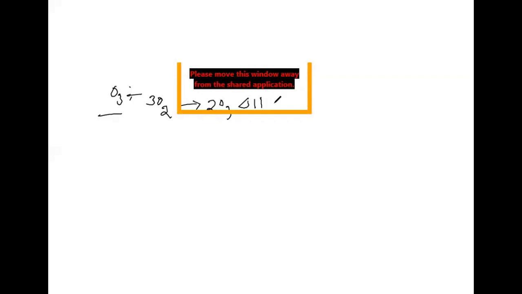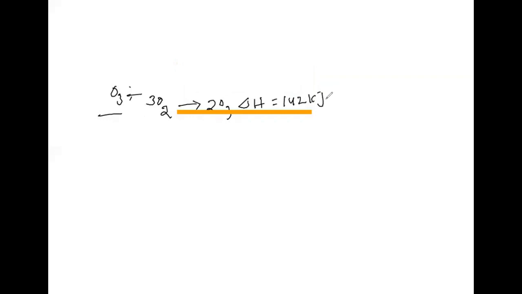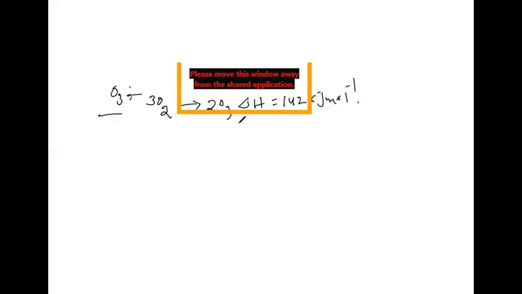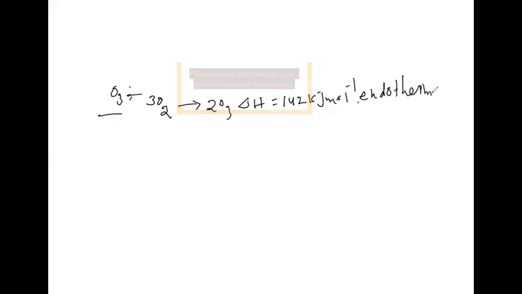This can be prepared by using oxygen: 3O2 gives rise to 2O3, where the delta H value will be 142 kilojoules per mole. Here it is happening at high temperature; generally endothermic reactions happen at a high temperature.